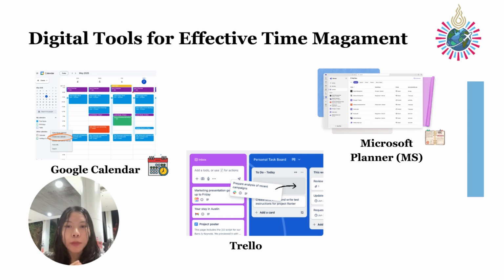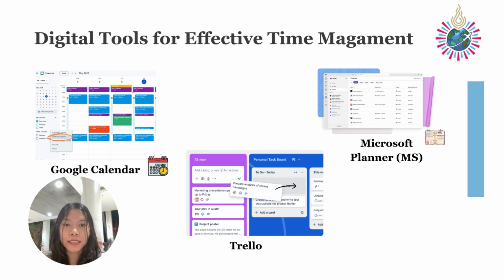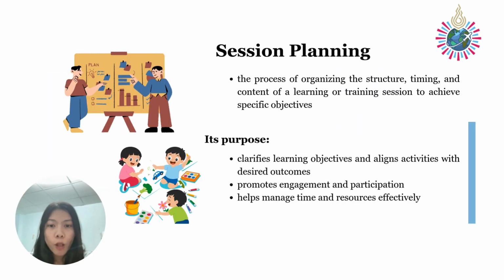Some people like to use Microsoft Planner and Notion, since those allow us to keep notes, tags, and deadlines all in one place. The idea is simple, but these tools remind us what to do and help us stay on track.